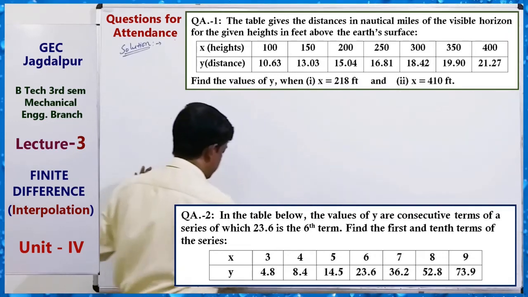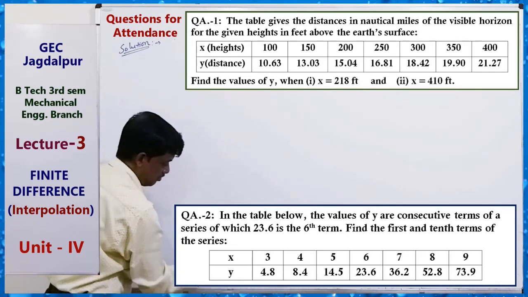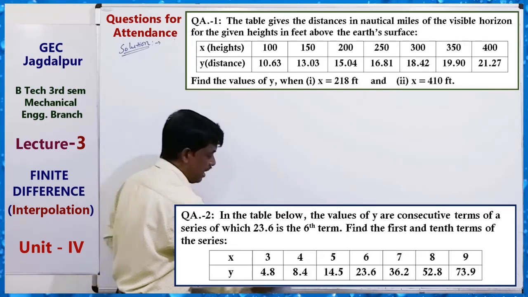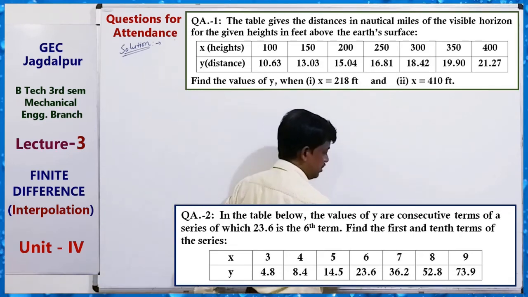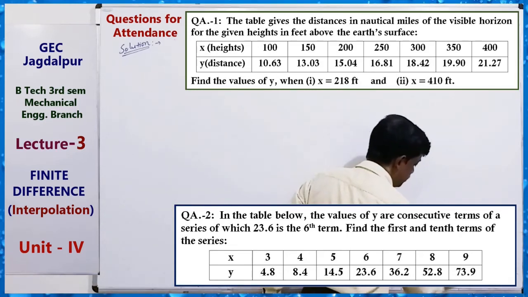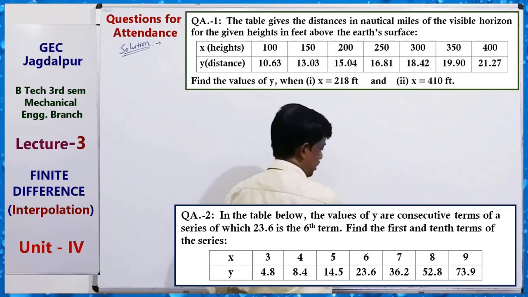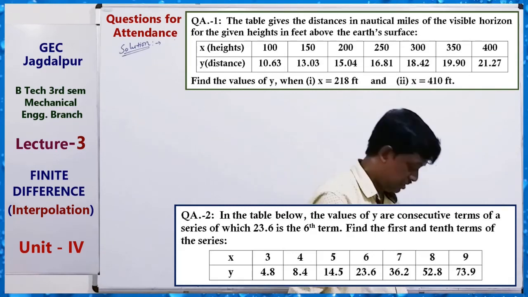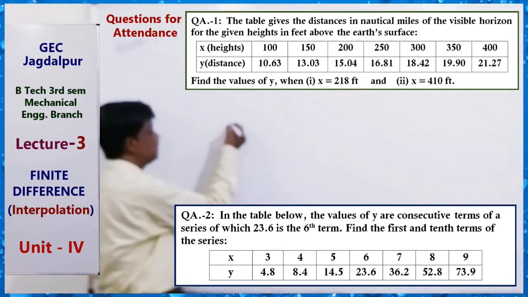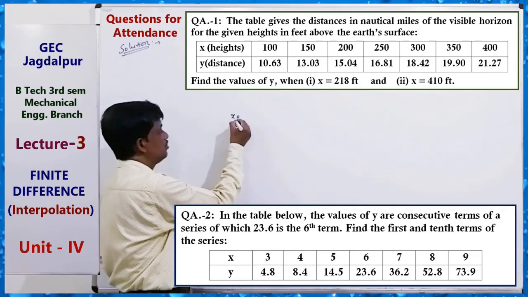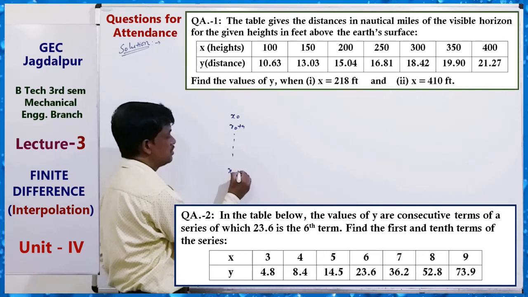And for backward, when the targeted value of x lies at the end of the table, its previous value will be the origin. Origin value is required for getting the value of p.